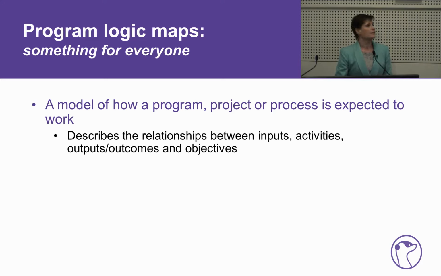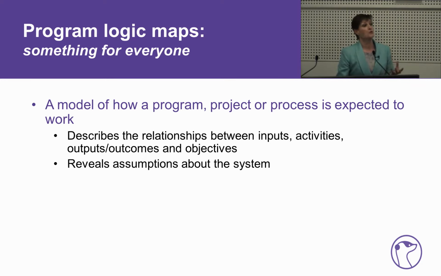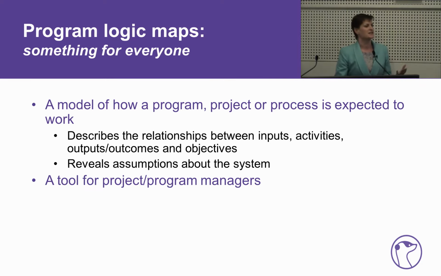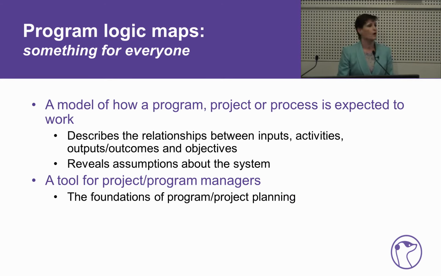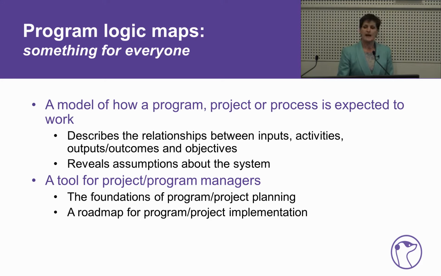But they do another lovely thing, which is they help to reveal the assumptions on which the design of your system is based. If you are a program manager, this is very important for risk management. So even though I didn't know the name of what I was doing, I did understand the value of program logic maps for program managers, namely as the foundation for project planning, but also, if you choose to use it for this, a roadmap for program implementation.